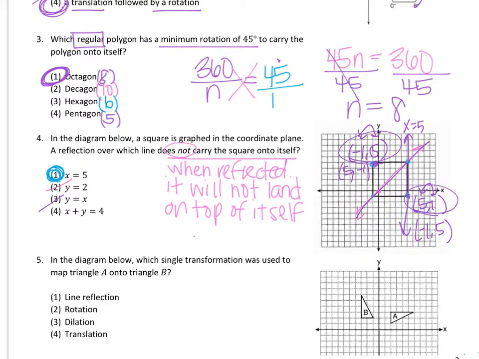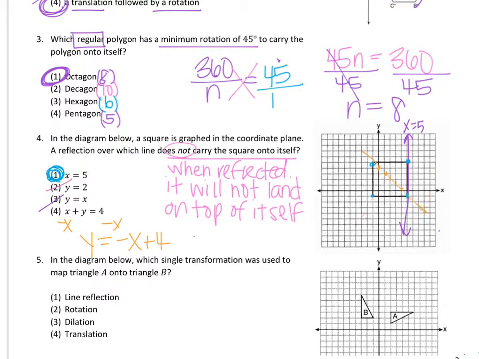And then I just want to talk to you about this last one here. It says that x plus y equals 4. A lot of students chose this because it looks different than the other choices. However, this is not your answer, and you're going to see why in just a second. When I get this in y equals, by subtracting x, we now have y equals negative x plus 4. So we start at positive 4, and we go down 1 over 1, down 1 over 1.